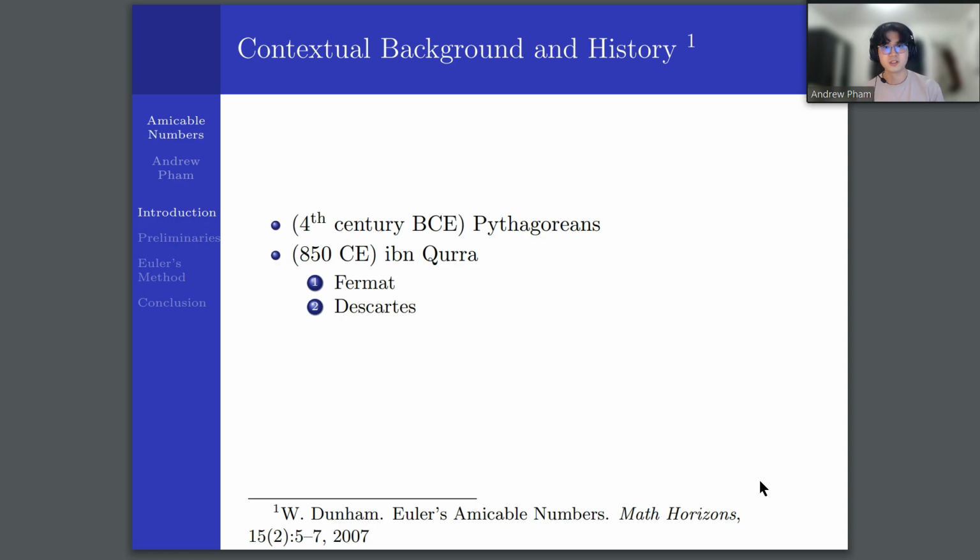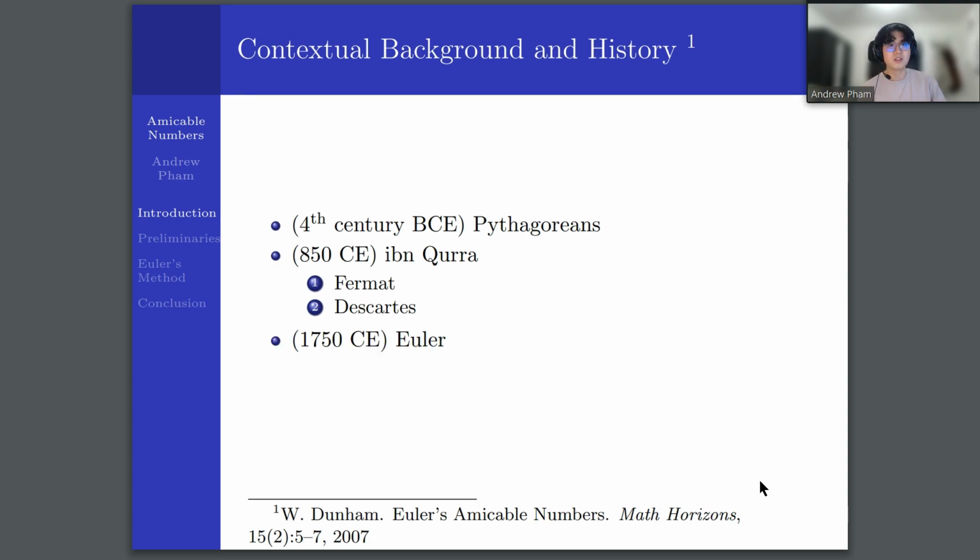But luckily for us, a few hundred years later, Fermat and Descartes in the 15th century were able to independently find two new pairs each, bringing the total to three known pairs in the 2,000-year history. But the most influential part of this topic's history has to be in the 16th century.